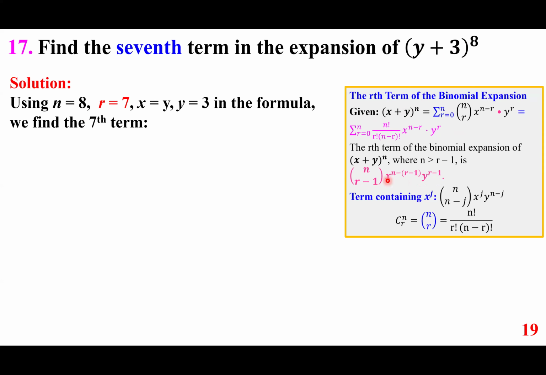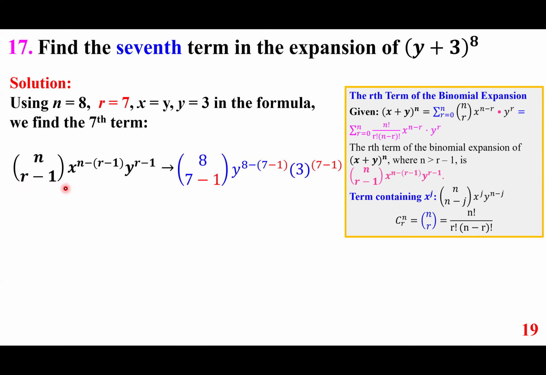Using n choose r minus 1, x to the power of n minus (r minus 1), y to the power of r minus 1, replace n with 8 and r with 7. That's one way.